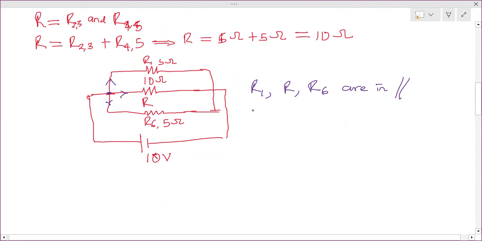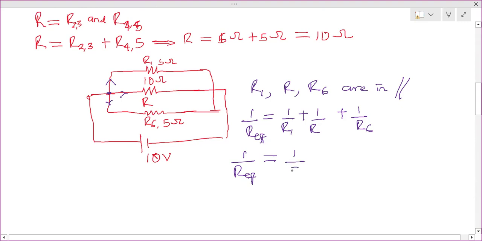Since they are in parallel, you can find the effective resistance by using the formula: 1 over R effective equals 1 over R1 plus 1 over R plus 1 over R6. So 1 over R effective equals 1 over 5 plus 1 over 10 plus 1 over 5.